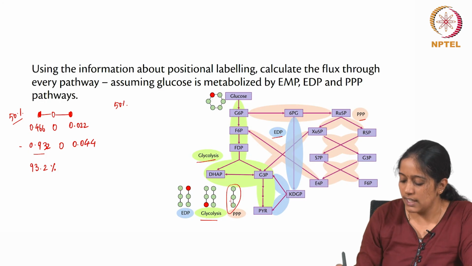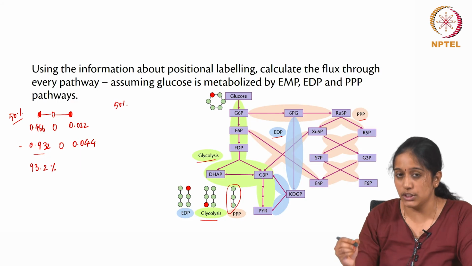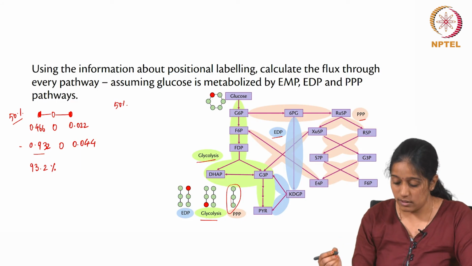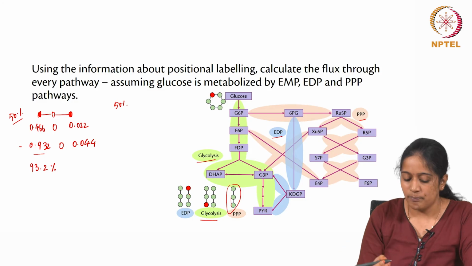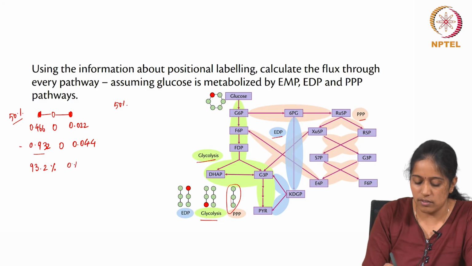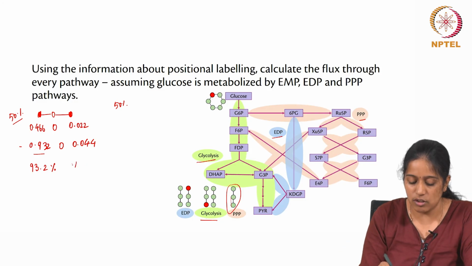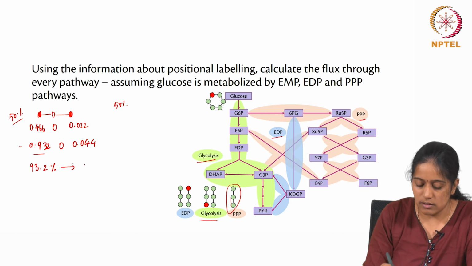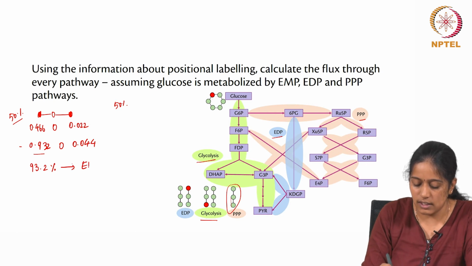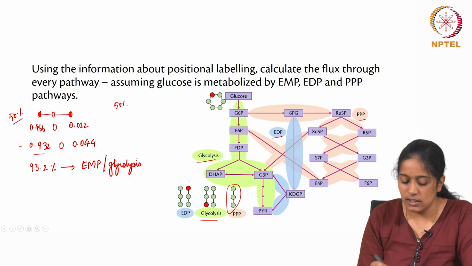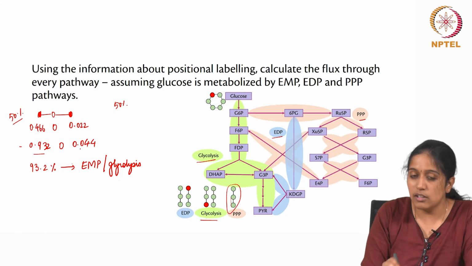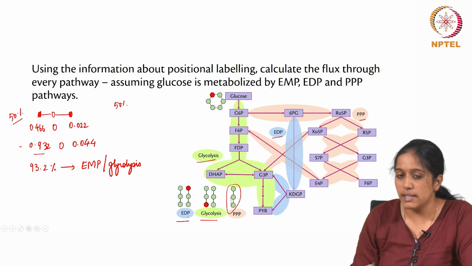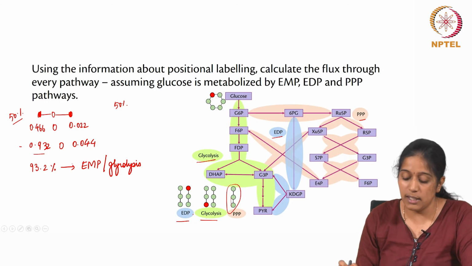In this case there is no pathway that can tell you about a second-position labeled carbon in pyruvate, so we do not have any evidence of a pathway. Here we call this EMP or glycolysis, and the third position tells you something about the EDP pathway.